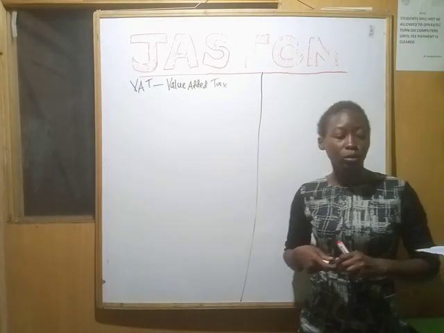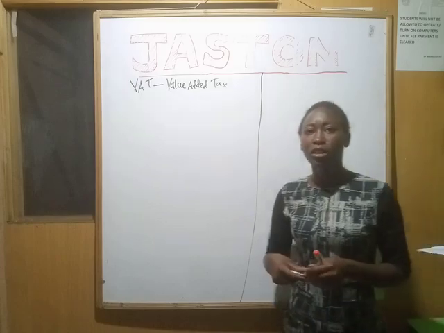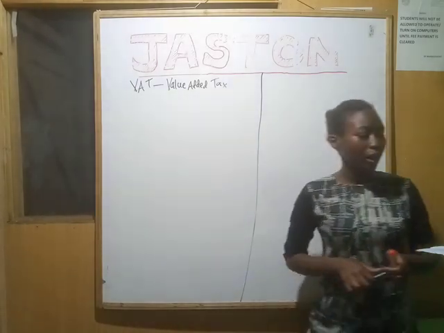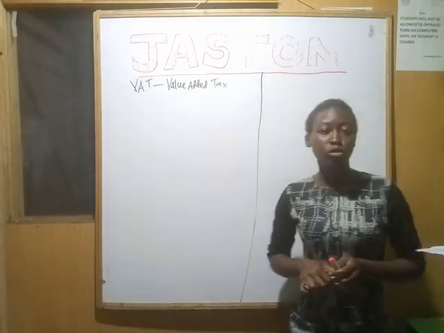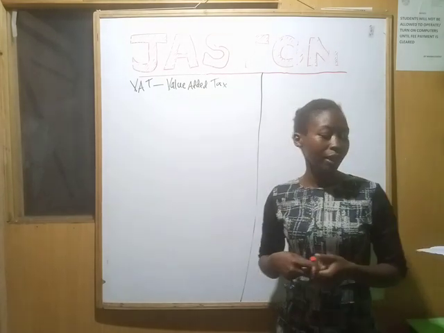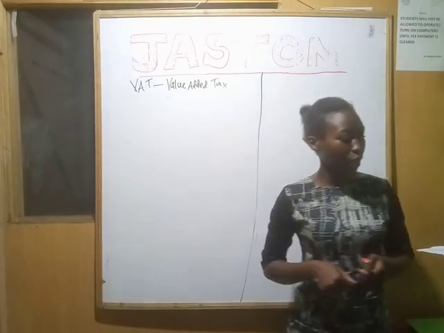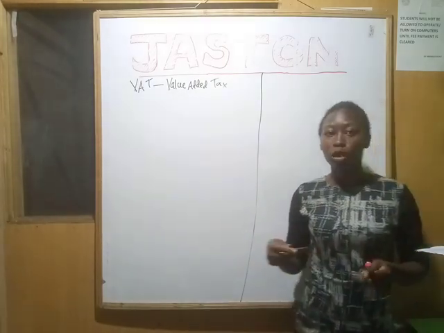So who is a registered person, or registration for VAT? Registration for VAT applies to any person in business who is supplying taxable goods and services with a value of 5 million or more in a period of 12 months.